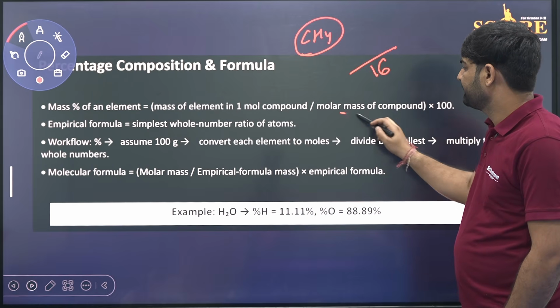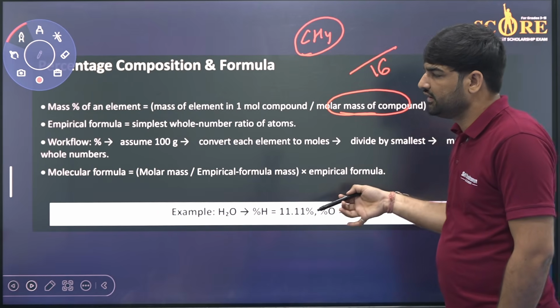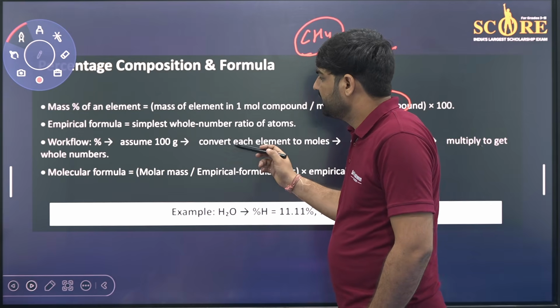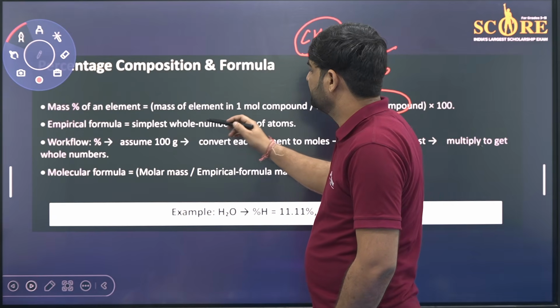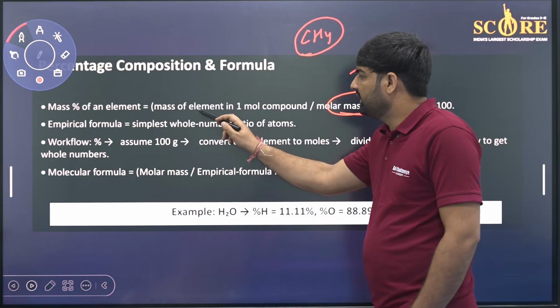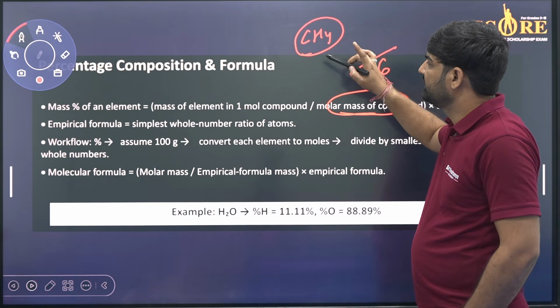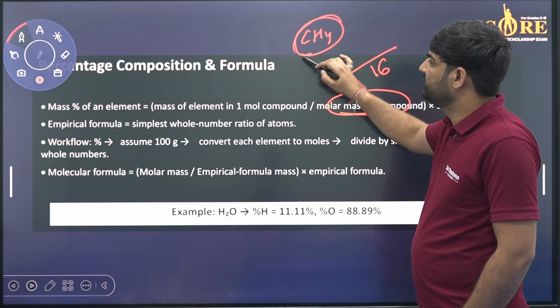It's 16. And for whichever element you want to calculate the percentage, if I assume carbon, you have to write the mass of carbon present in 1 mole of this.